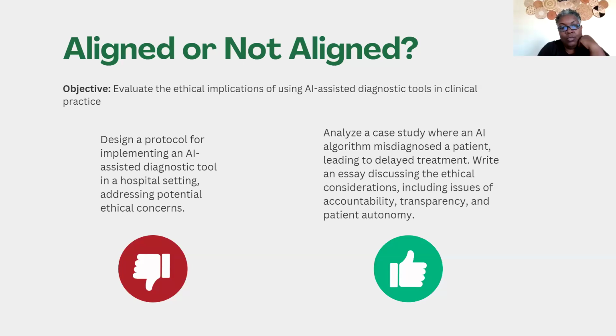I also like the second one, when you're talking about evaluating the ethical implications, which is not just saying, tell me the ethical concerns, but it's the implications on something, on the patient. And in that assignment, you could talk about the implications, they have to deal with transparency, patient autonomy.